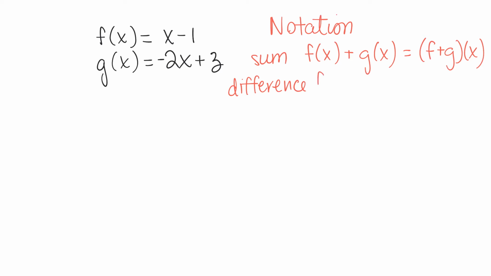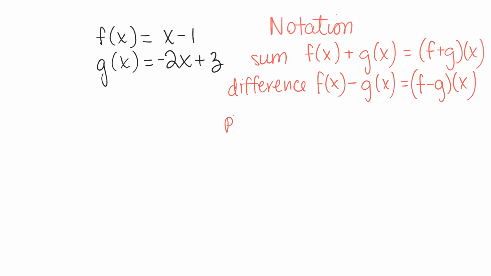Difference means subtraction, which means we can just take f of x and subtract the g of x function, which we can also write in one bracket like f minus g of x. Do you see how there's just two ways of writing it and they mean the exact same thing?